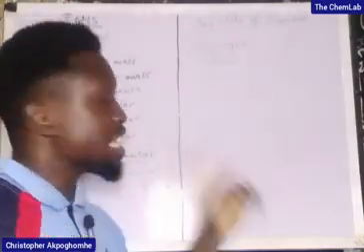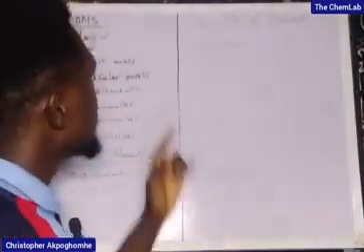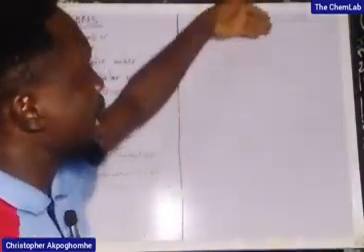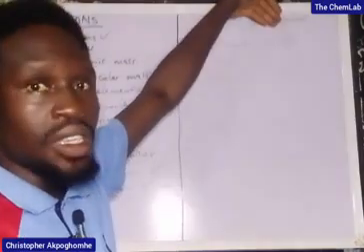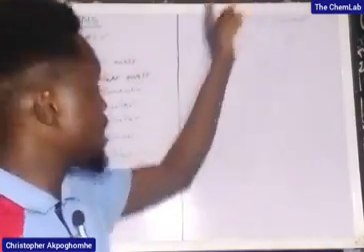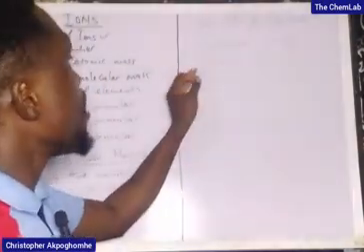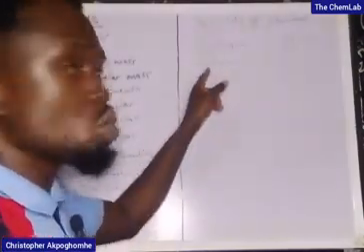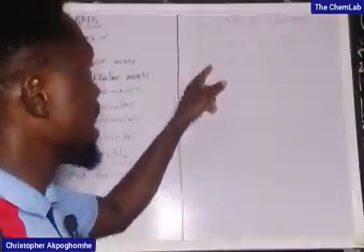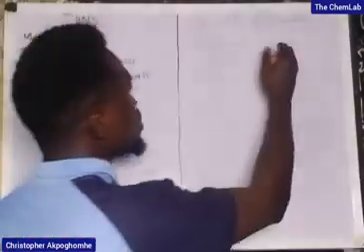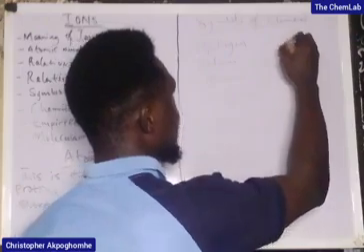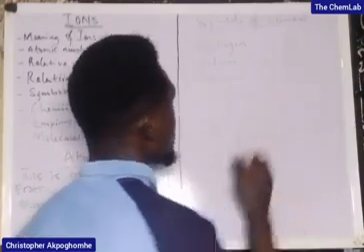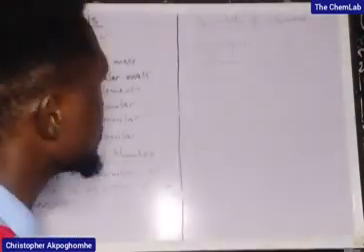Now, the next one is helium. The first letter is also H. Since we already have hydrogen with the symbol H, we now take the first two letters, the initial and the second letter. You write the initial in capital letter, and then the second one in small letter. So helium has the symbol He.